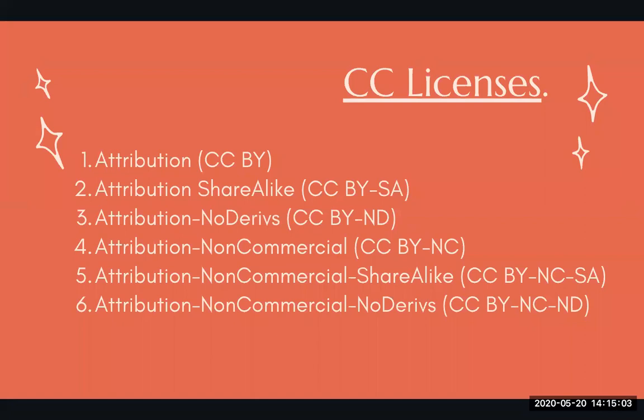And then third, I don't want people to make any derivative works based on mine. And then of course the non-commercial versus commercial. And so we can think of all these different things that we have to consider. And so if I just click briefly on the website here, if my internet will load, or Creative Commons will load. There we go.